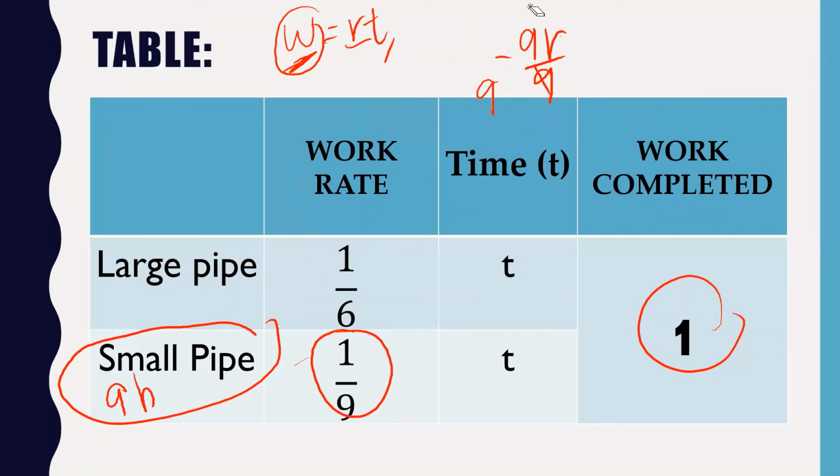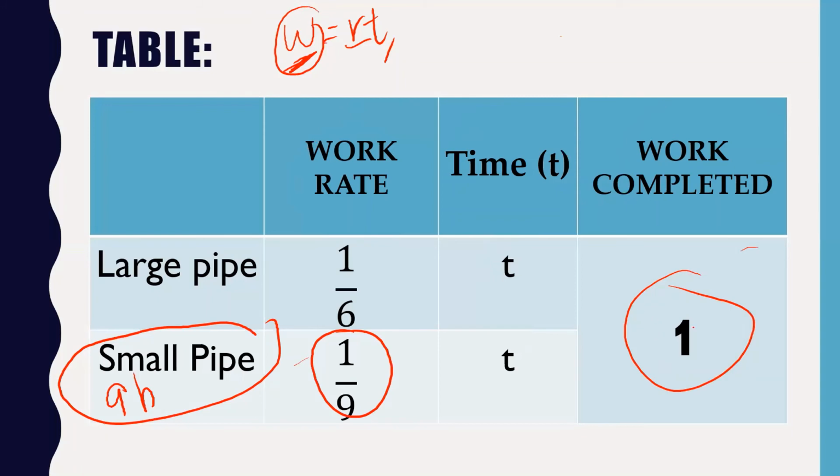And, of course, to get the time, we're looking for the time. So, ano yun lahat? T and T lang siya. And then, work completed, we have 1. Kailangan natin i-complete 1. The task is we need to add the result of the work rate and time for us to get the time together.